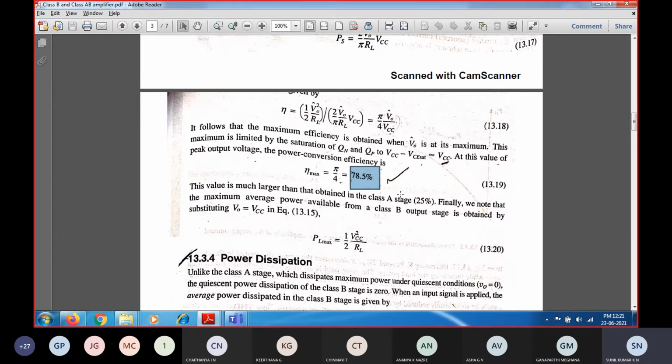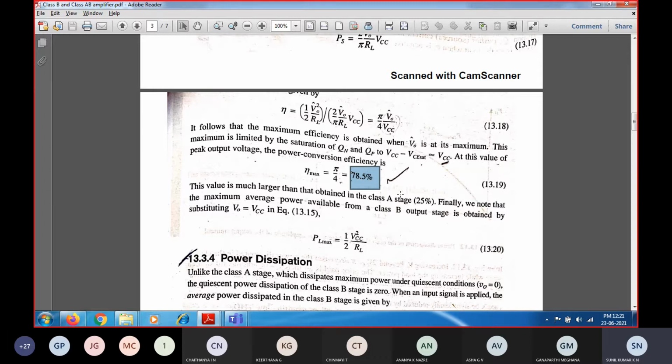So in the class A amplifier, how much was the maximum efficiency? In class A amplifier, the maximum efficiency was equal to 25%. Whereas in the transformer coupled class A amplifier, what was the maximum conversion efficiency? It has been increased up to 50%. So eta will be equal to 50% in the transformer coupled class A amplifier.